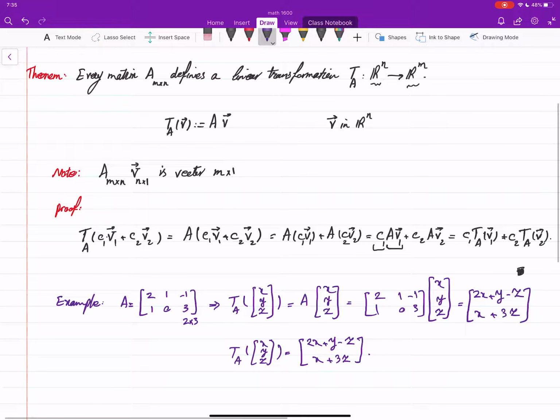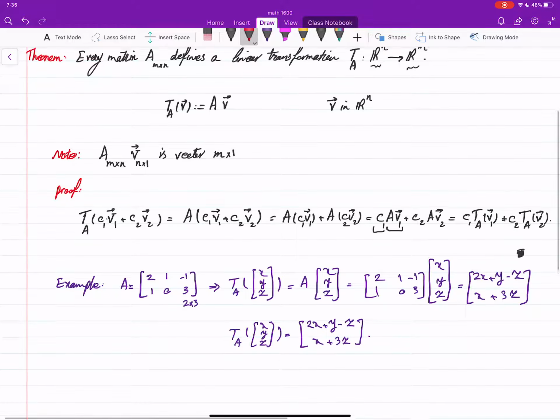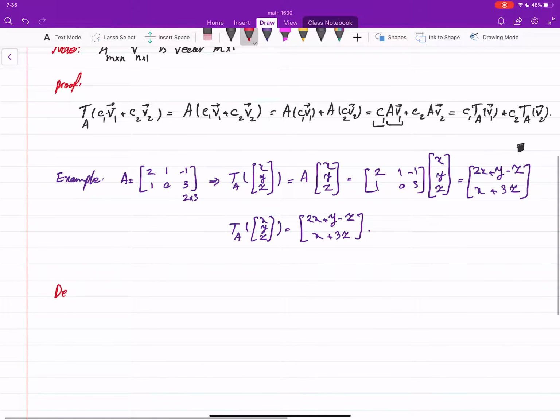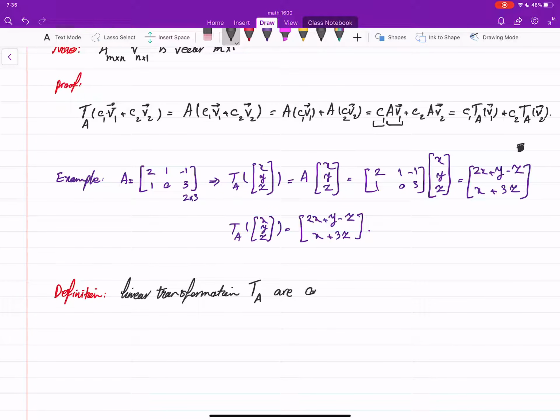By the way, let me write a definition: the linear transformations TA defined by a matrix are called matrix transformations.